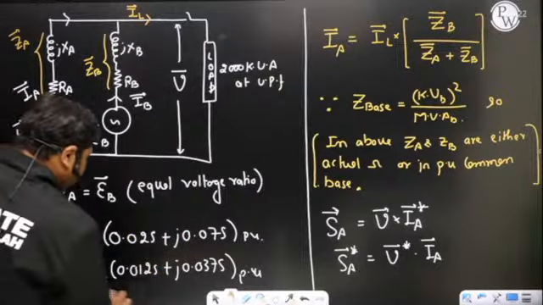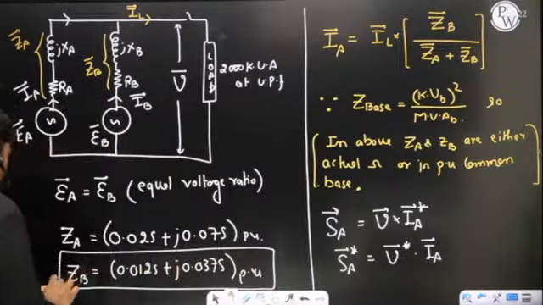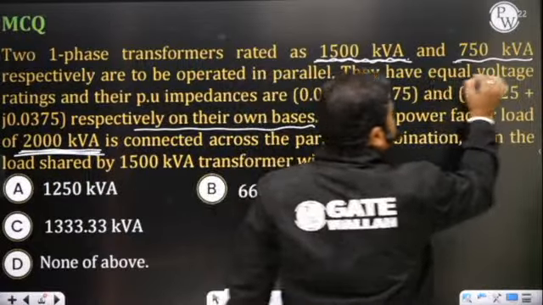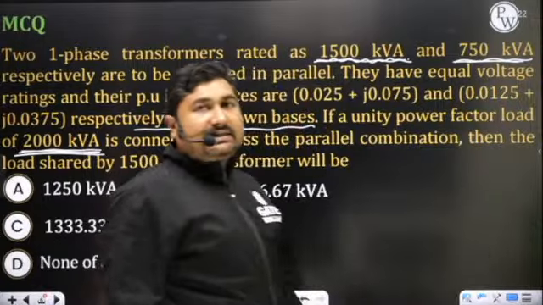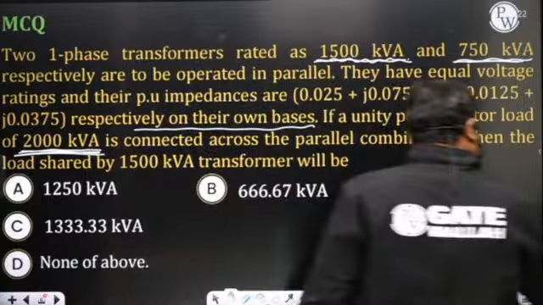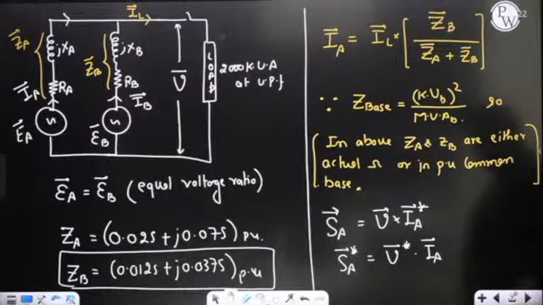ZB is in per unit on the base value of transformer B, that is 750, and ZA is the per unit value on the base of 1500. So we need to find the common base in order to use this formula.